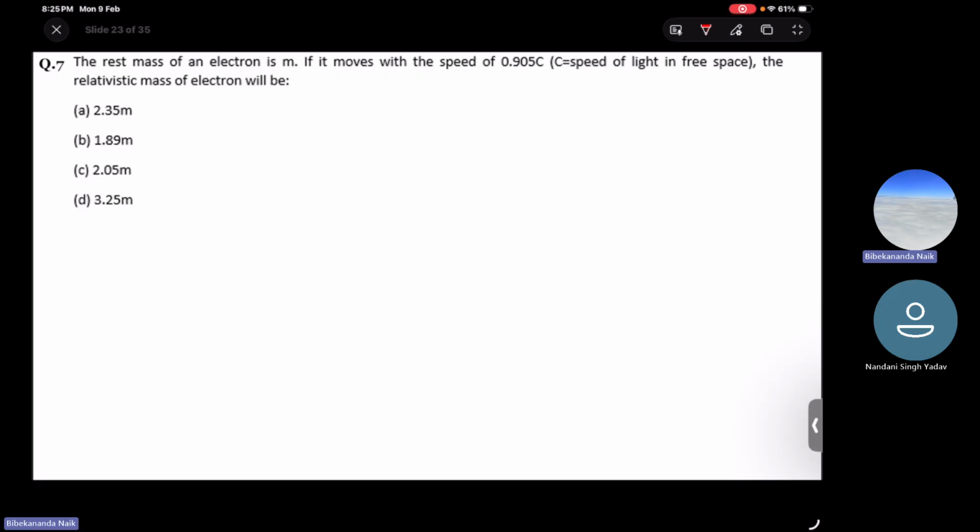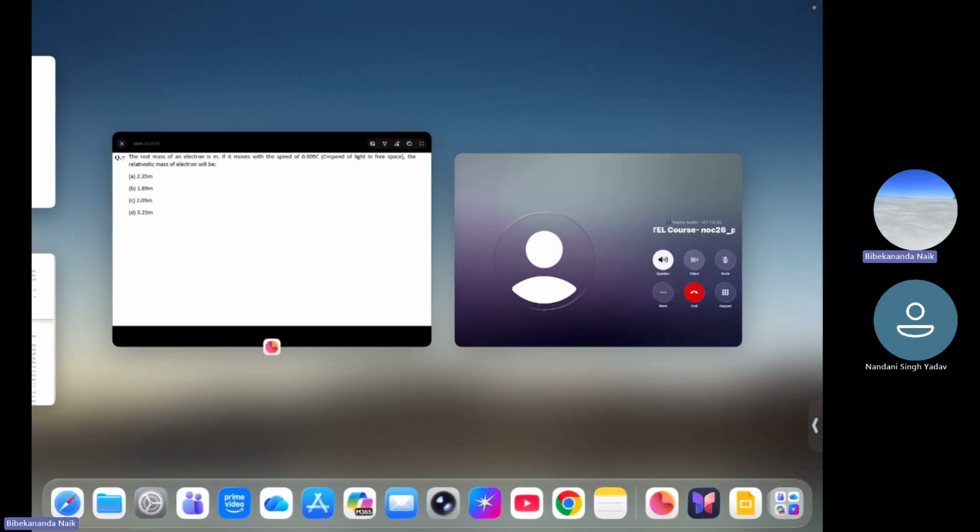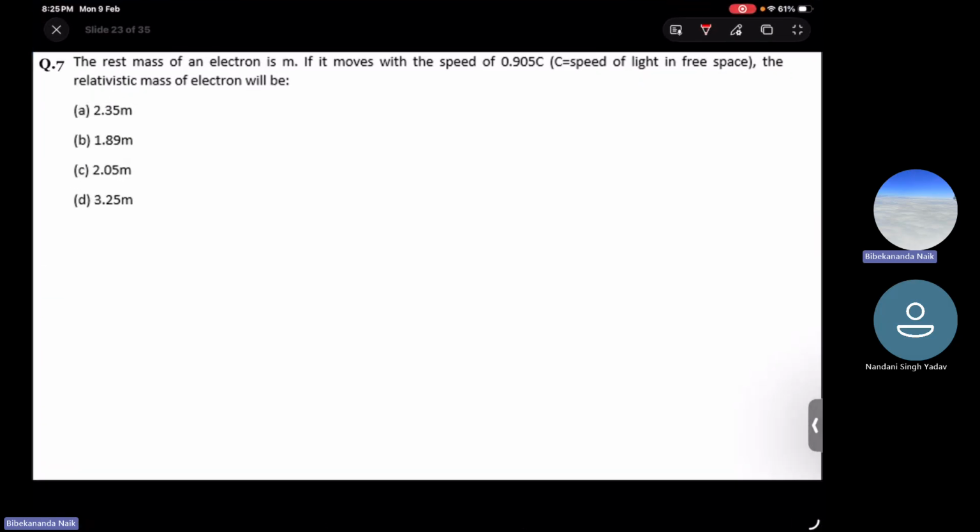Options are option A 2.35 m, option B 1.89 m, option C 2.05 m, or option D 3.25 m. So the rest mass of the electron is m. What will be the mass of the electron if it is moving with a speed of 0.905c? So this is basically the relativistic mass correction of the electron. So what will be the relativistic mass?